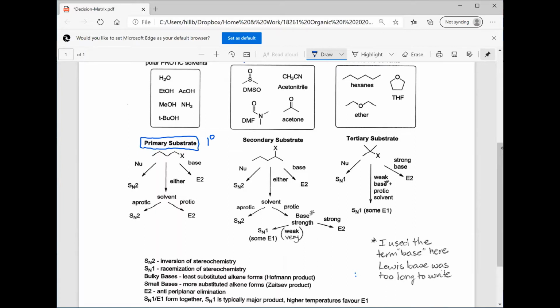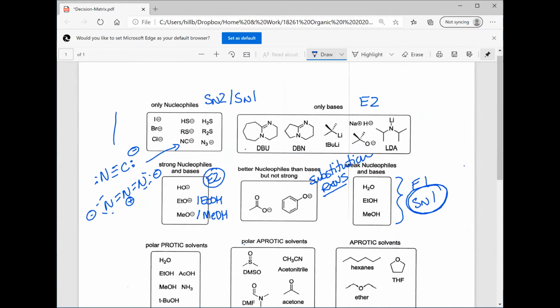If it's a nucleophile, it basically has to be SN2. Is it a base? Well, it has to be E2. If it can be either, the ones in the second row here, let's highlight. These are the either ones. I can't highlight it the way I would like to.